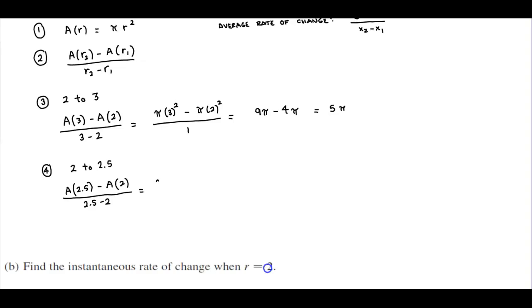So we end up getting pi times 2.5 squared minus pi times 2 squared all over 2.5 minus 2, which is 0.5. So we get 6.25 pi minus 4 pi divided by 0.5, which is equal to 4.5 pi.